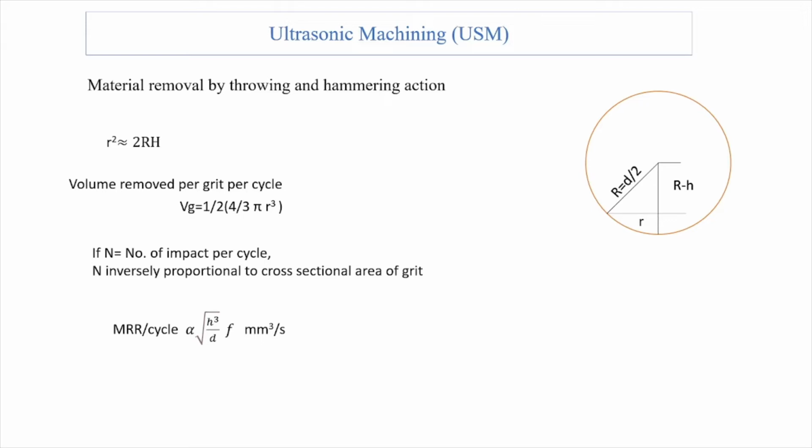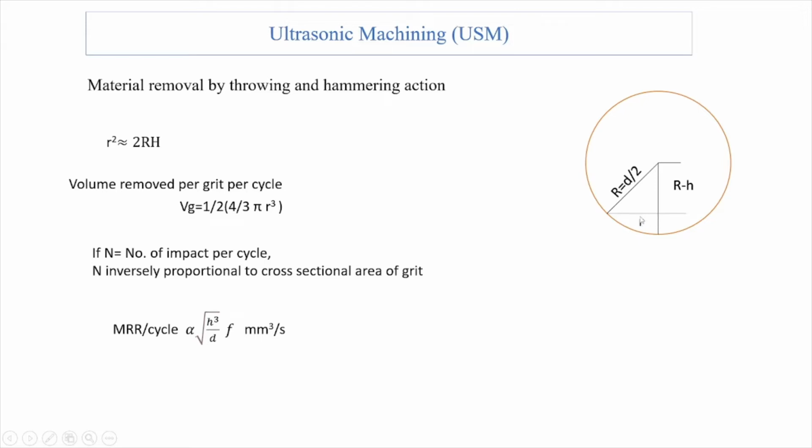So as we can see in the hemispherical diagram, as I have drawn here, from the diagram itself we can say that the radius of the spherical crater formed due to the fracture, this spherical crater radius is small r.